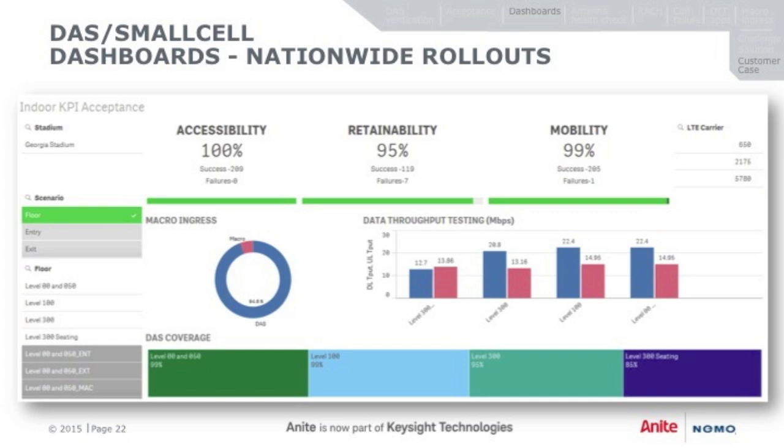And to tie to the previous slide, the venue acceptance, we also have dashboards that complement it. From a nationwide standpoint, you can have these dashboards where you would just log in, like you would log into your Gmail or any other web application, and check how all your venues are performing and where all the issues are.